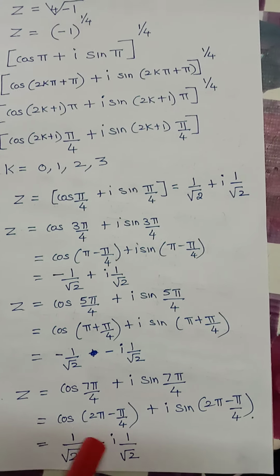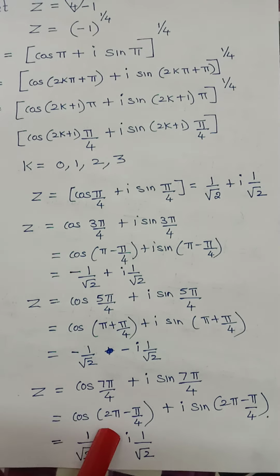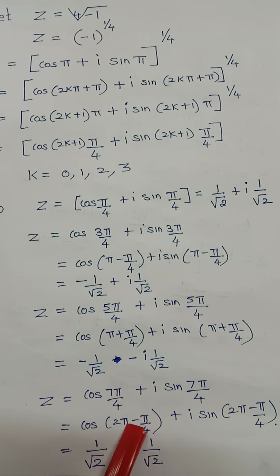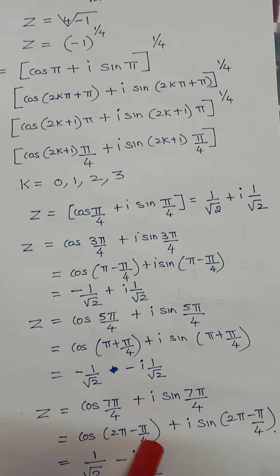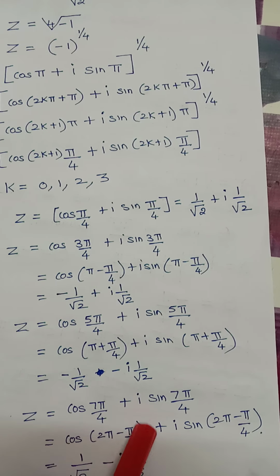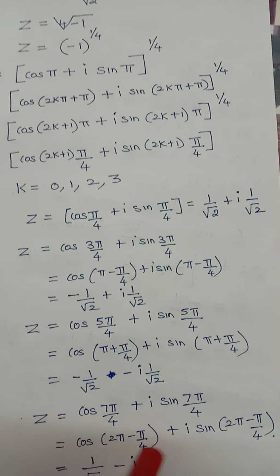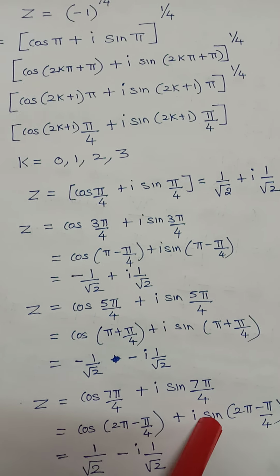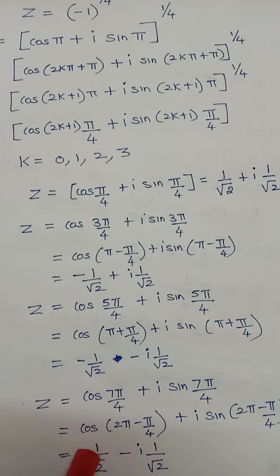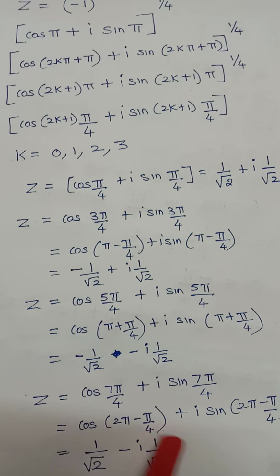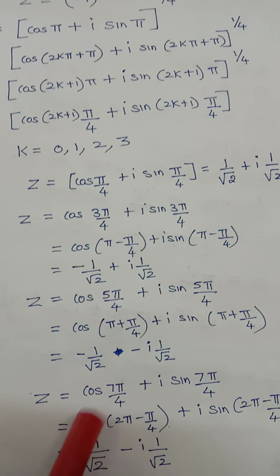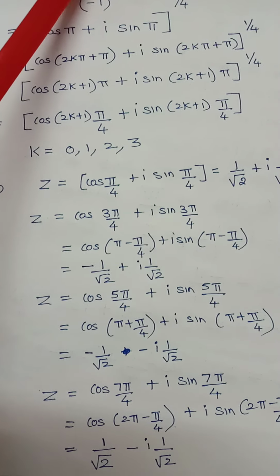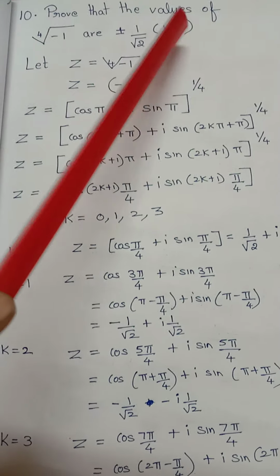What is the meaning of 2 pi minus pi by 4? 360 degrees minus. Which quadrant is it? It is the fourth quadrant. In the fourth quadrant, cos alone will be positive. So here you will have plus. Sine should be negative. So I will have 1 by root 2 minus i times 1 by root 2. So these 4 answers, when we sum up, give this answer: plus or minus 1 by root 2 (1 plus i).